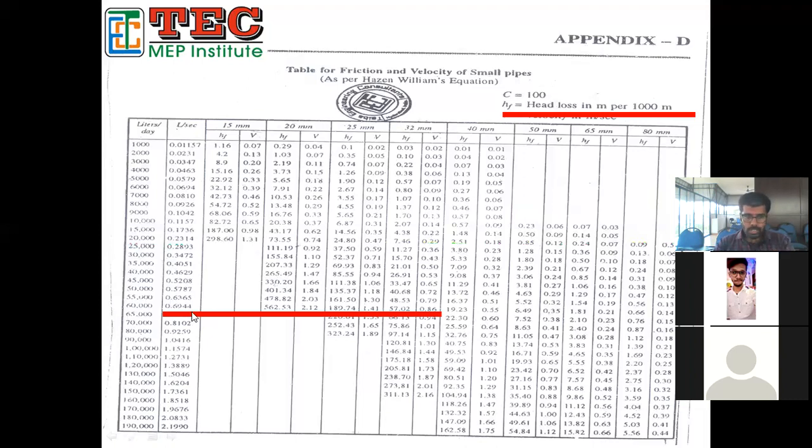So let's see here, it is 0.6365, 0.6944. 0.66 is coming in between these. Understood? So 0.66 is coming closer to 0.69. Our pipe size we know is 32. So with respect to 0.69 and 32, what is the friction loss HF? It is 57.02.